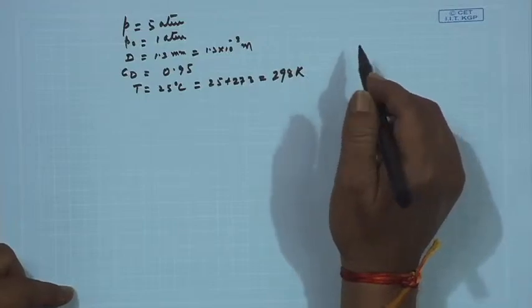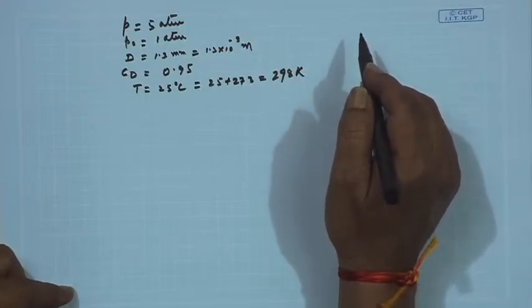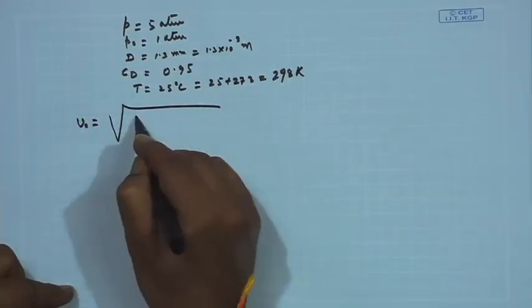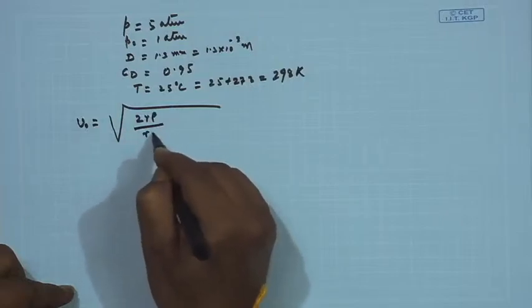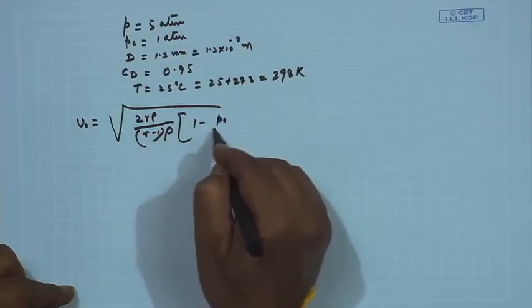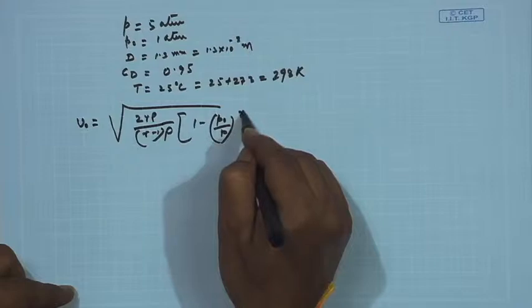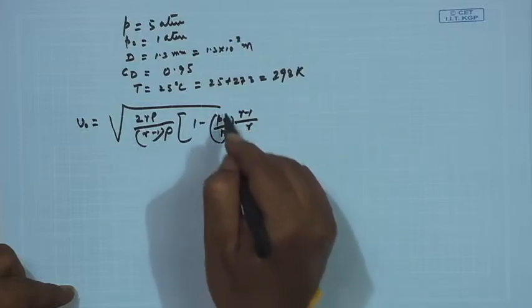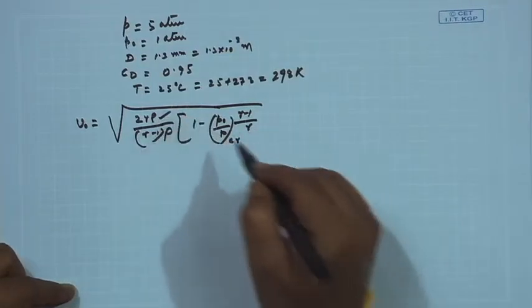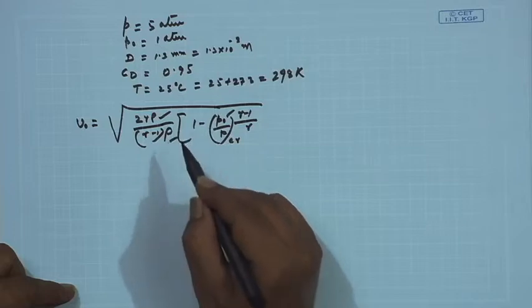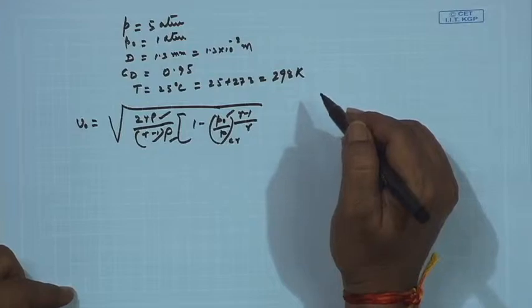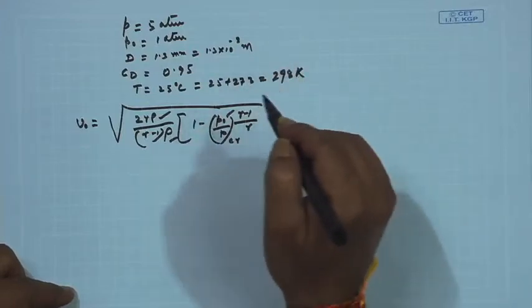Obviously, from the relation we had, velocity V0 is equal to under root 2 gamma p by gamma minus 1 rho into 1 minus P0 by P to the power gamma minus 1 by gamma under critical condition. We know P and P0. Gamma has not been given, so we can assume it to be 1.4 like the previous one.